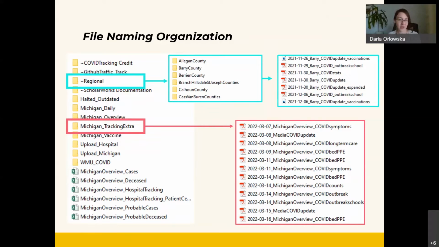So for example, if I'm interested in hospital data, which in my case, I have labeled all of those with an underscore COVID bed PPE, I can use the search bar at the top of the window that pops up in order to search for just that extension, and I will get all the files within that series.